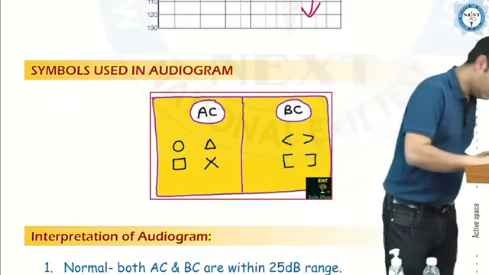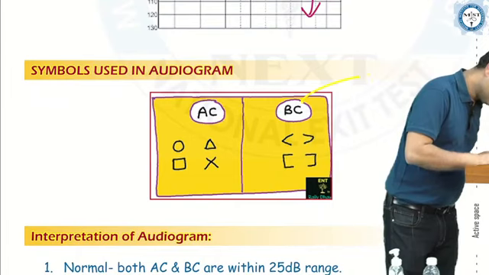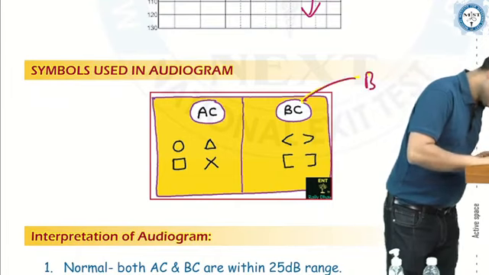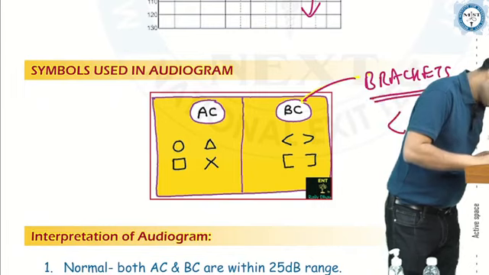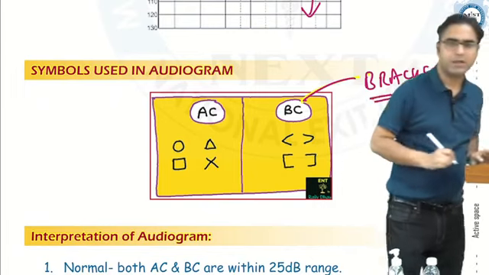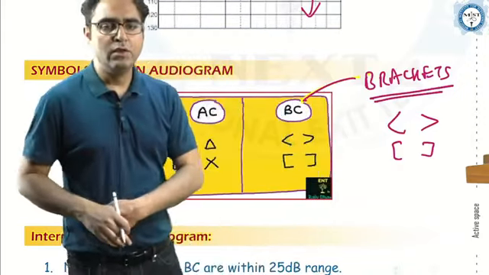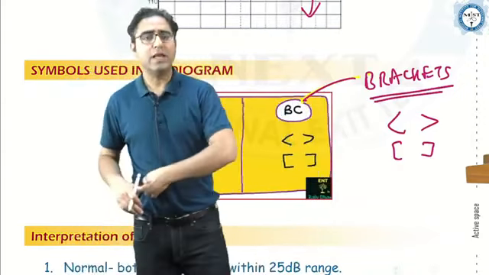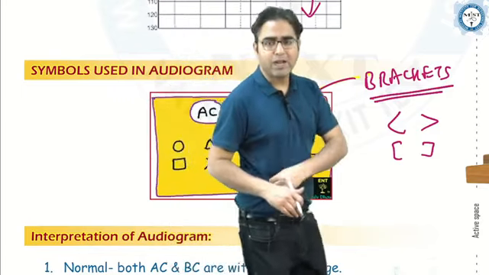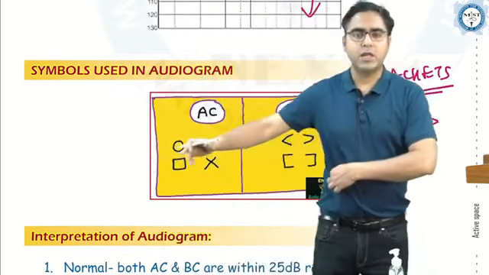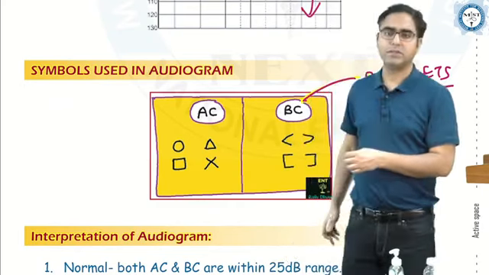BC, B means brackets, beta. These kind of brackets. Bone conduction symbols look like brackets, open brackets. So bracket-like symbols are of bone conduction, but the circle, triangle, square, cross is air conduction symbol, beta.